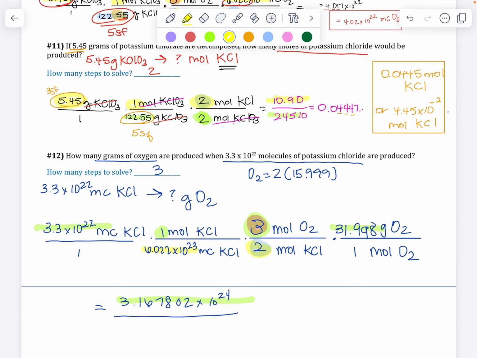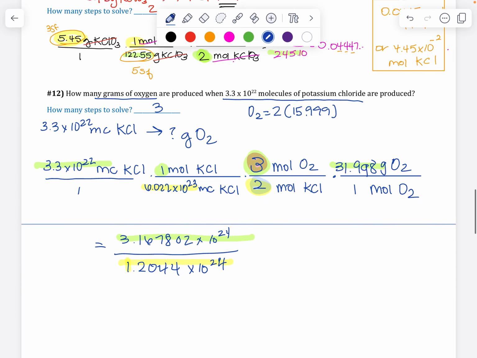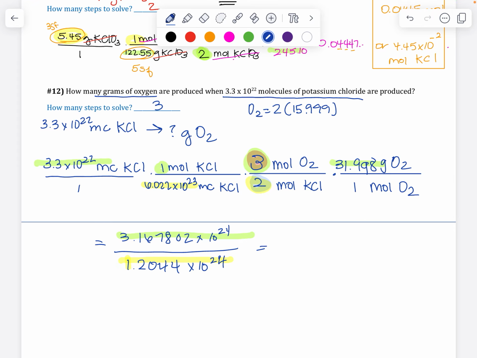So that is 6.022 times 10 to the 23rd times 2, which is 1.2044 times 10 to the 24th. And then I can divide. All right, and I got 2.63019, and then that continues on.